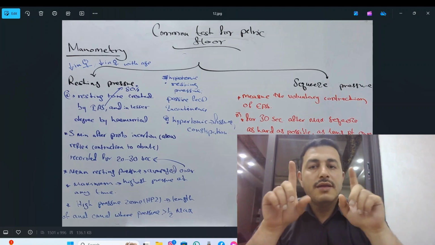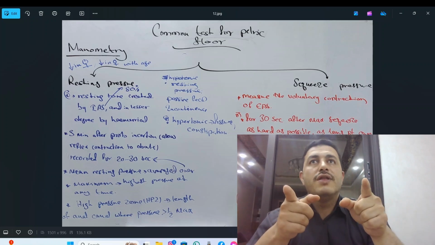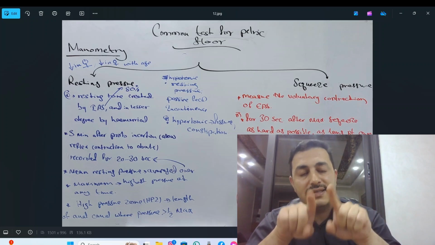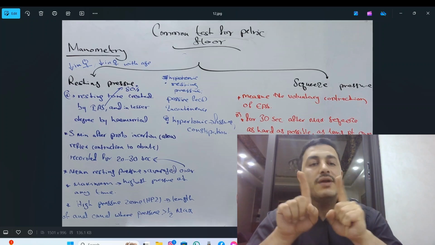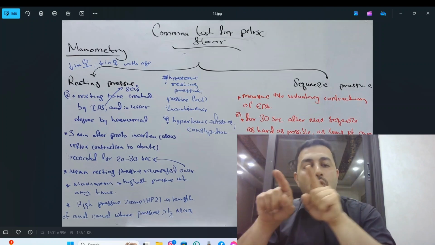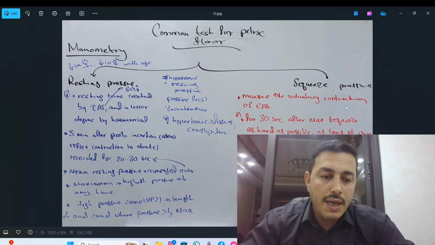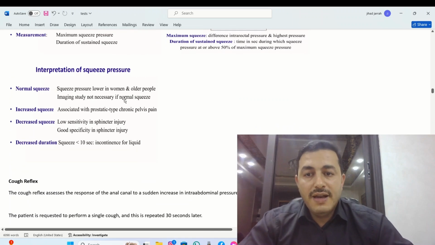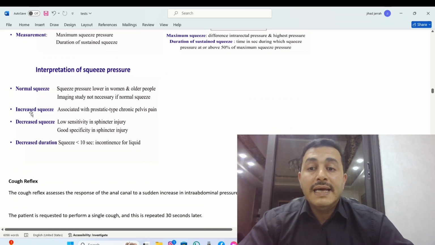Again, the squeeze pressure, which reflects the external anal sphincter pressure, is lower in females, lower in older females. We have to remember that the normal value is lower in women and older females.